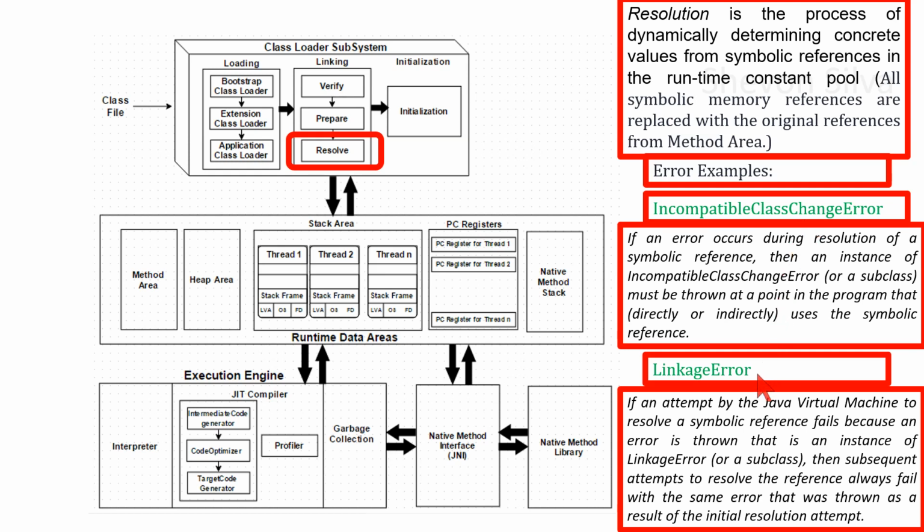If an attempt by the Java Virtual Machine to resolve a symbolic reference fails because an error is thrown that is an instance of linkage error or a subclass, then subsequent attempts to resolve the reference always fail with the same error that was thrown as the result of the initial resolution attempt.